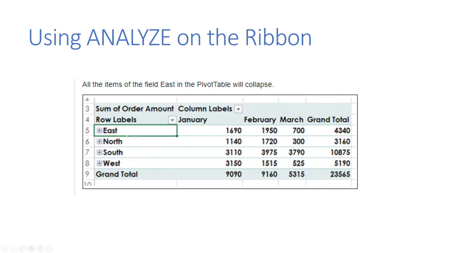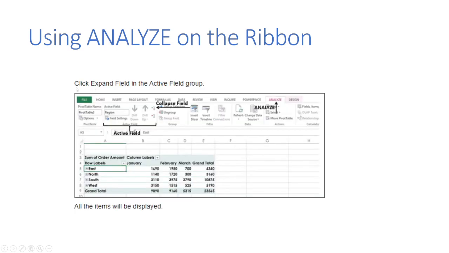The items are hidden now. Click expand field in the active field group. So this is expand field, so there's a plus here. That's also under Analyze, and all the items will be displayed.